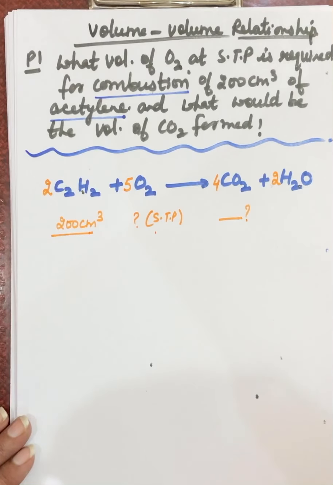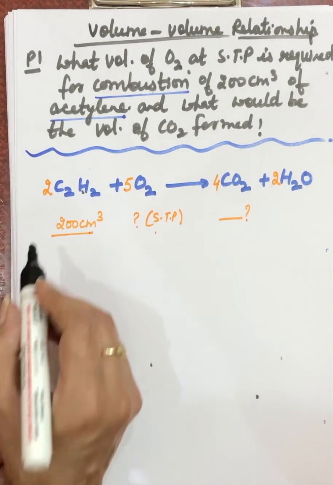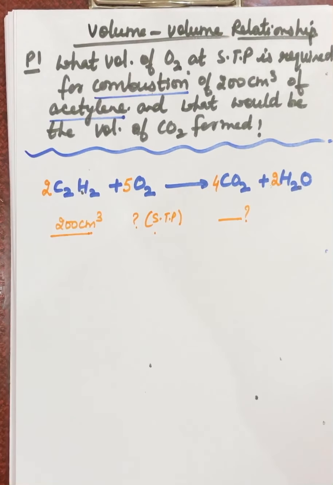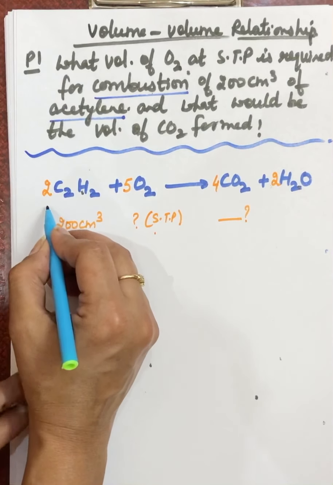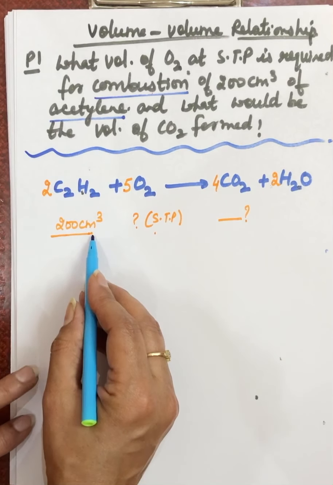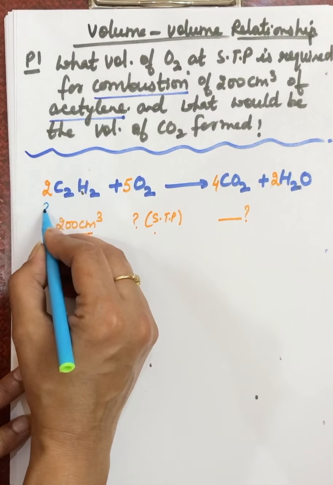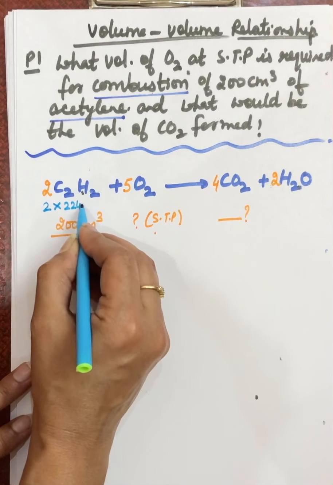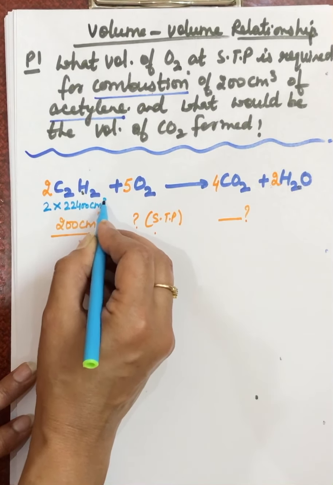Now come to the balanced equation. In the balanced equation, how much volume of C2H2 is given here? Since it is 2 moles, we can say 1 mole is 22.4 liter and 2 moles will be 2 into 22.4 liter. Since this is given in centimeter cube, we write this in centimeter cube. This volume is 2 into 22400 centimeter cube.